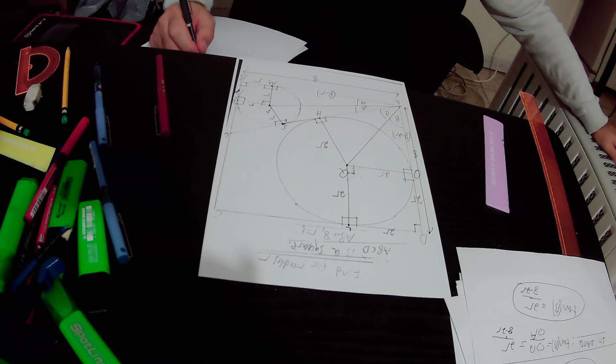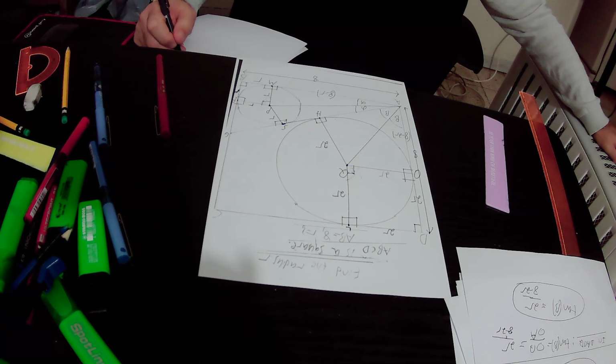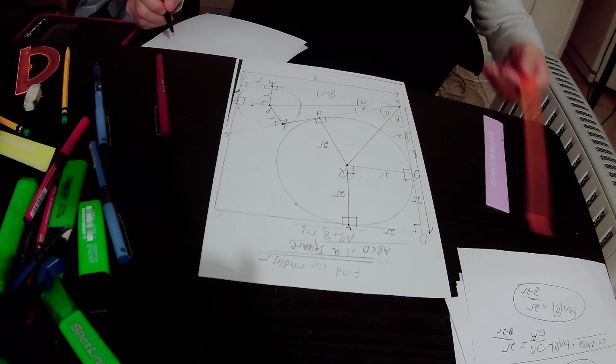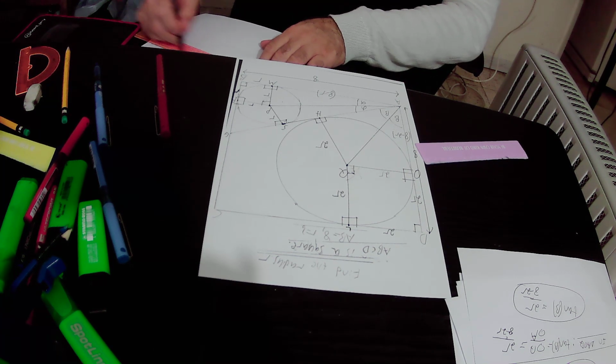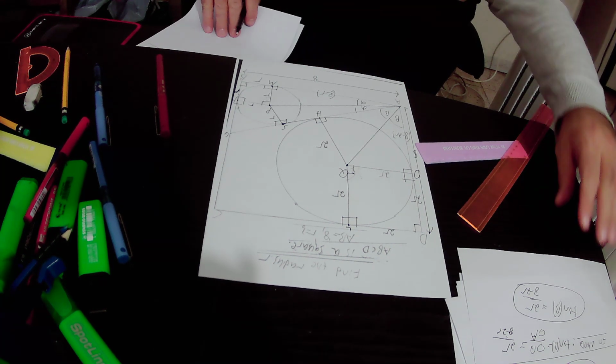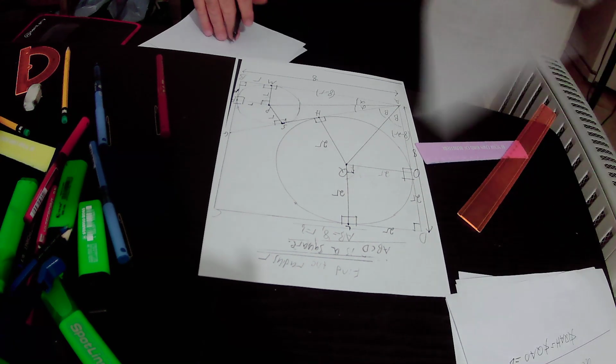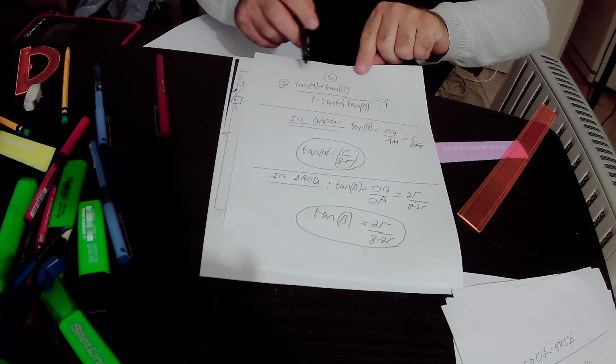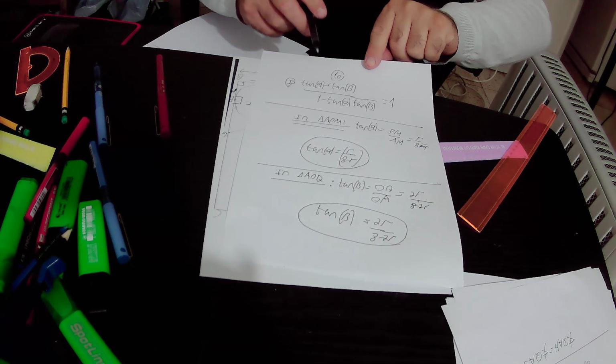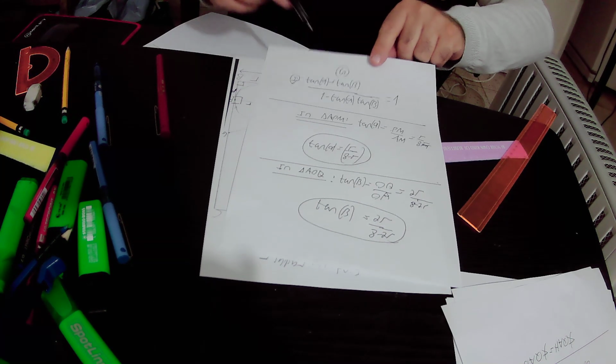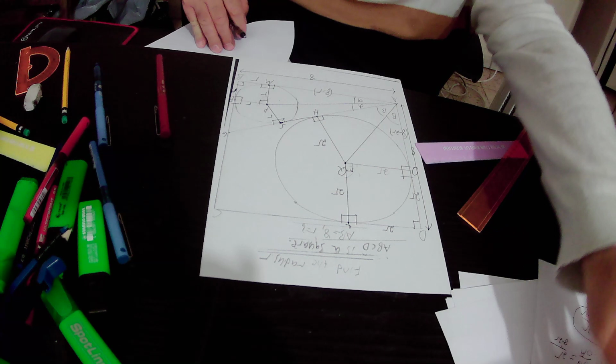So again, we substituted tangent alpha and tangent beta in equation number 1 by the values we found, and we got this equation.